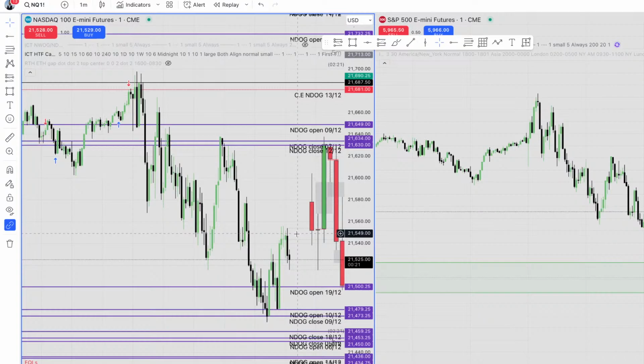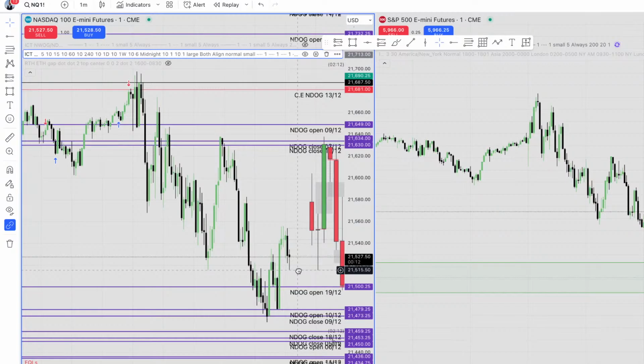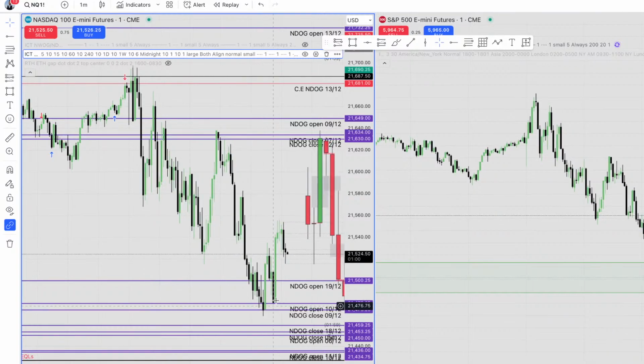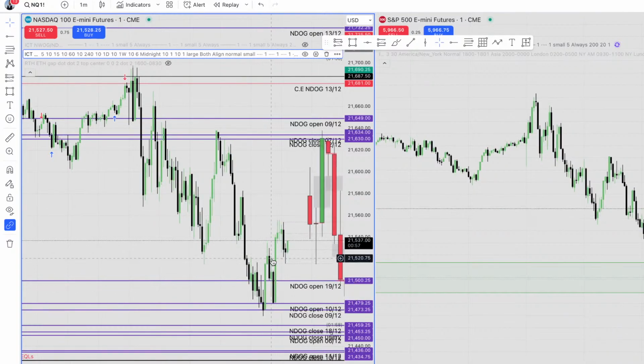Okay, so the body is respecting this fair value gap, order block. If this took this low, I would have a breaker, I would go long here, but it didn't. My favorite PD array is the breaker by far.